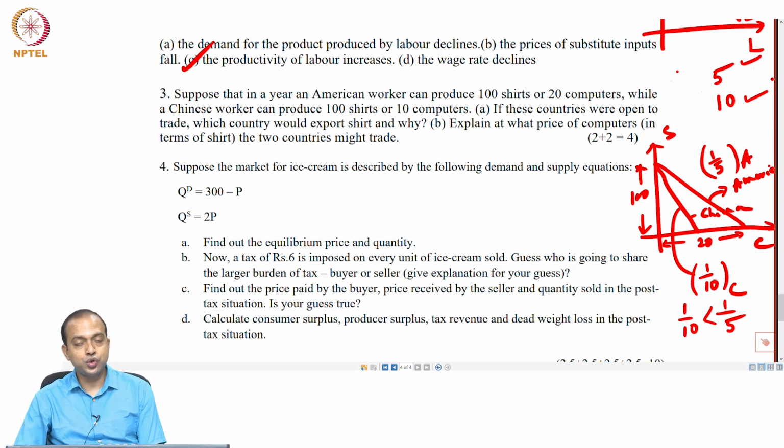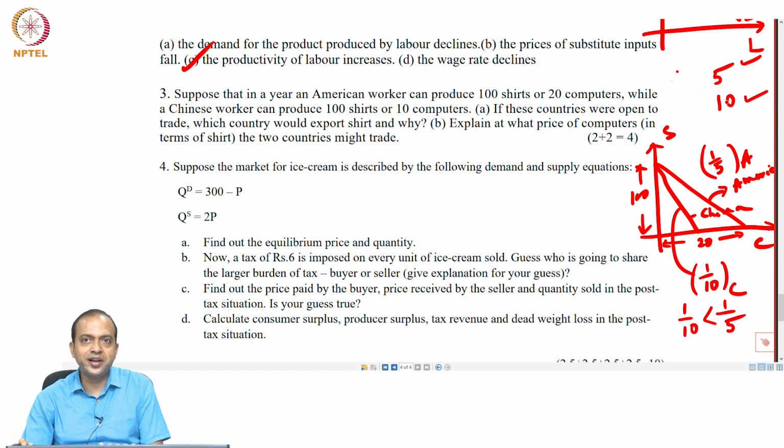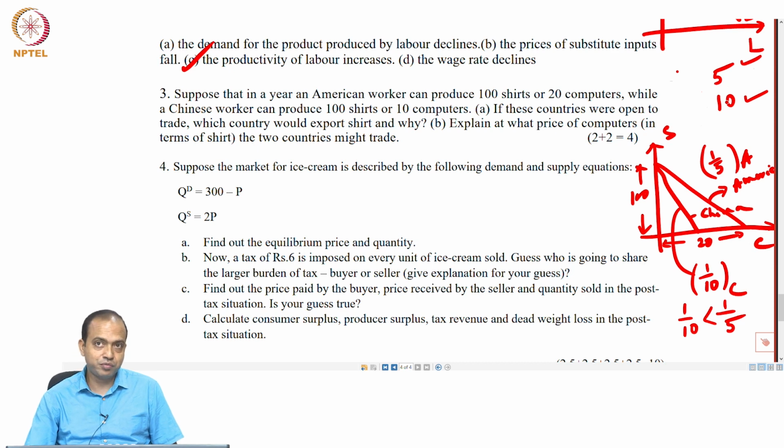So, what we understood is that the price must lie in between the two opportunity costs, so that both the countries will have an incentive to engage in trade. Any price between 5 and 10 should be an appropriate terms of trade for this exchange to happen.